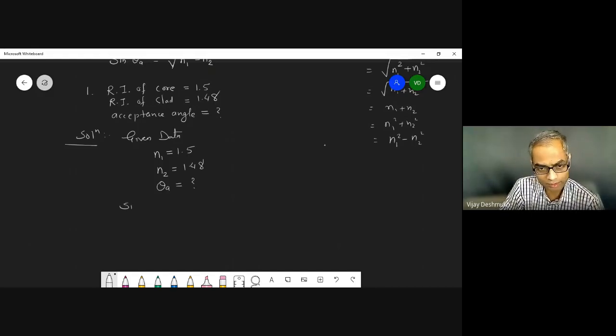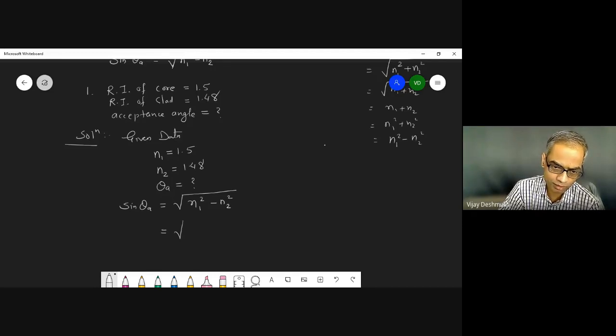And we know that sine theta A is equal to the square root of n1 square minus n2 square. Now putting these values, what we get is 1.5 square minus 1.48 square. Here either you can solve directly using a calculator, calculators are allowed, or you can go stepwise and find the answer. So go ahead and type your answer in the chat box.